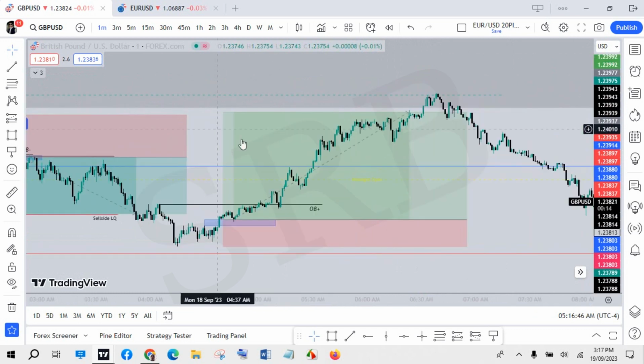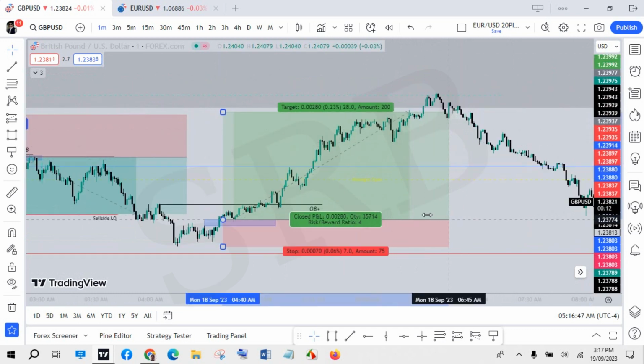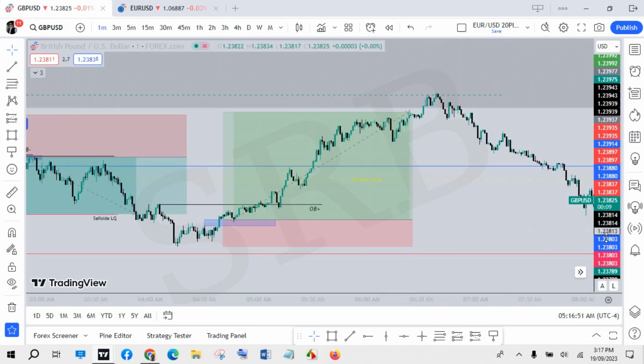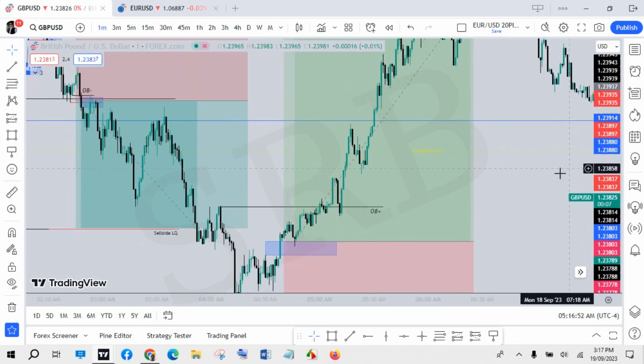Yes, we can manage to get a 1:4 trade here.